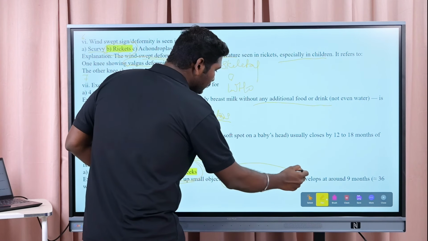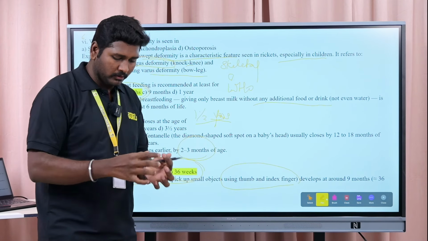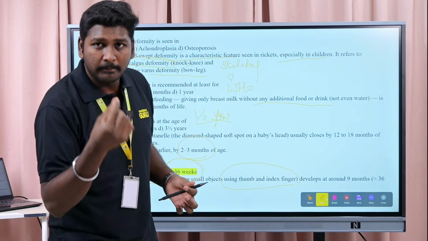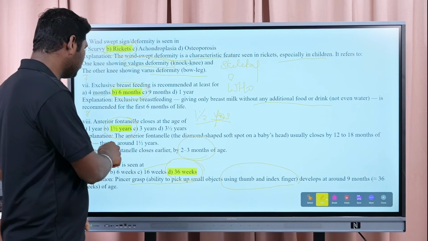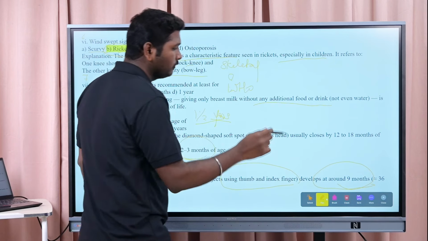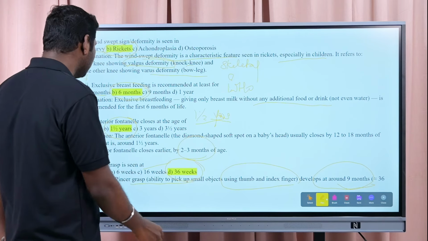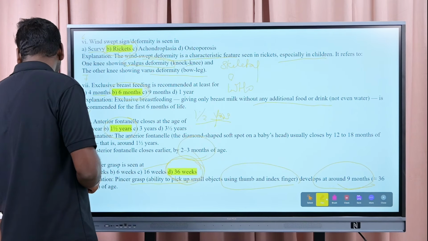For example, a child picking up a small piece of rice. That develops at around 9 months, and 9 months converted into weeks is approximately 36 weeks. So that is the ideal part.